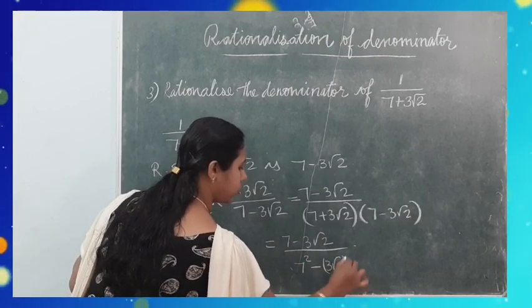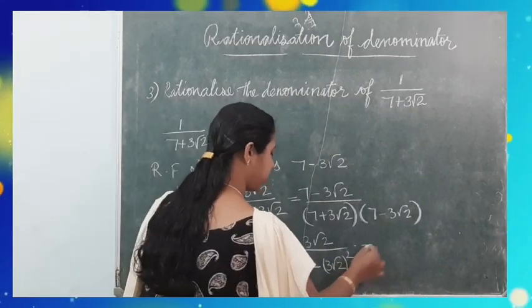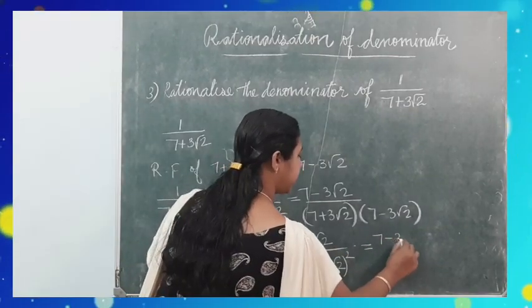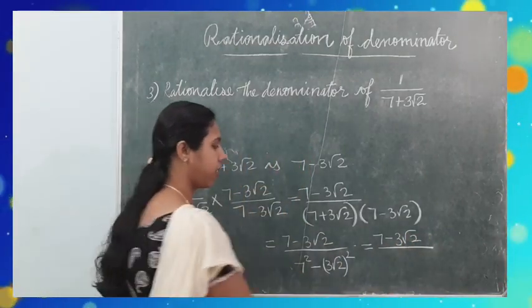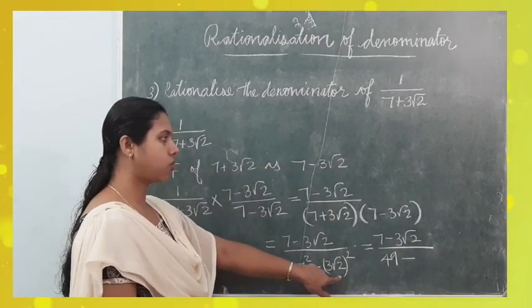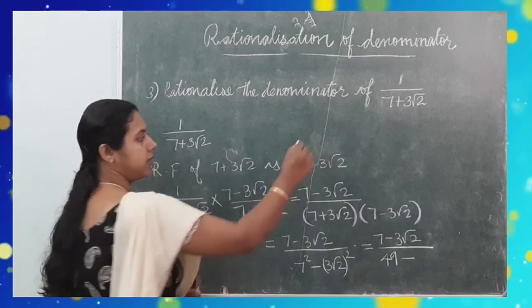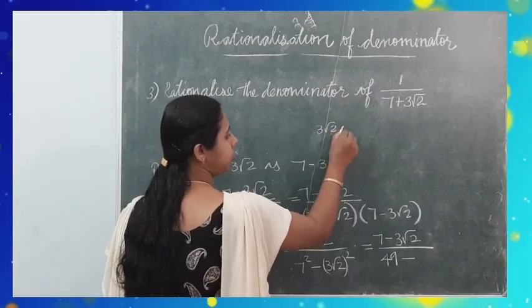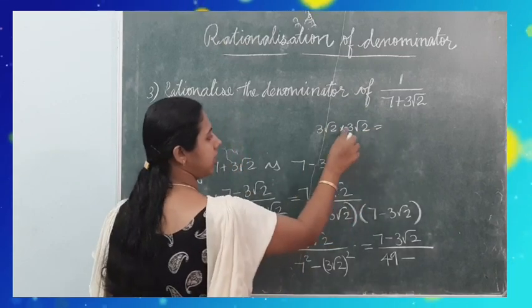So 7 minus 3 root 2 divided by 7 square, which is 49, minus 3 root 2 whole square. 3 root 2 whole square means 3 root 2 into 3 root 2.